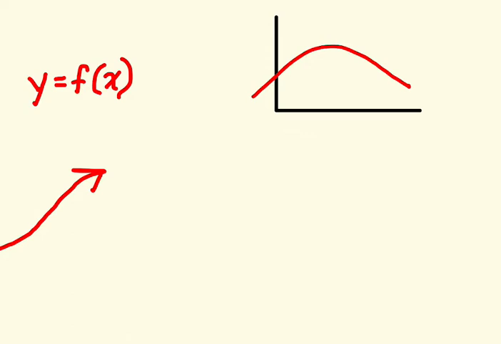And in this one, I'm going to do little crosshairs, and this is explaining a limit. In this case, we'll say this is f of a, which is going to be the limit.